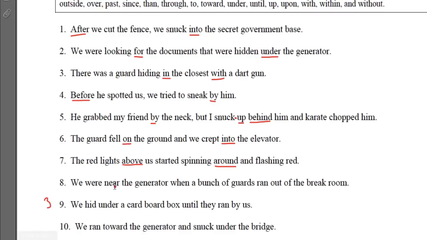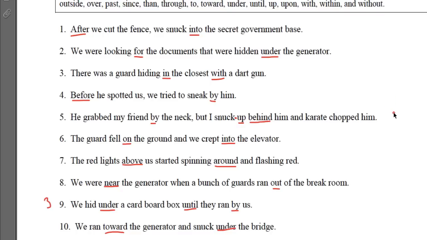We were near the generator, when a bunch of guards ran out of the break room. Number 9, we hid under a cardboard box until, that's a preposition of time, they ran by us. It's the 3rd time we've seen by. Number 10, we ran toward, it's a preposition of direction, the generator, and snuck under the bridge.